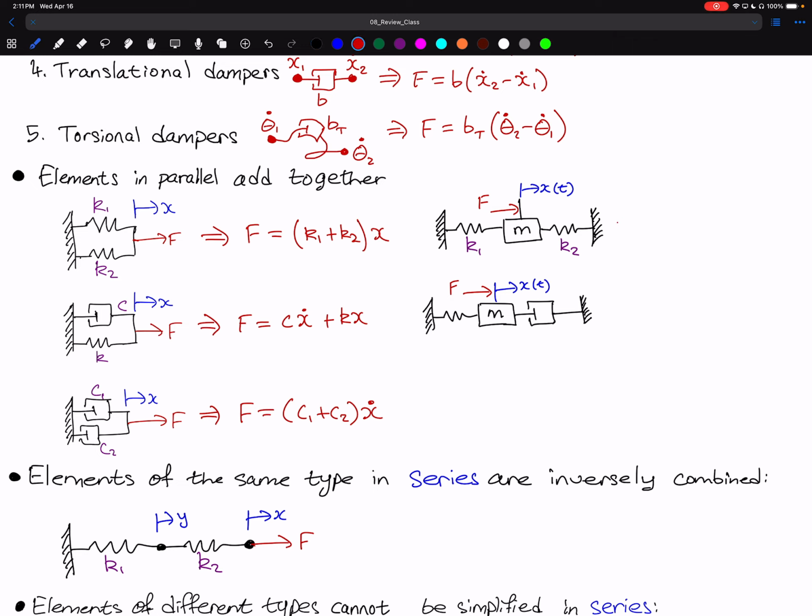All right, we're going to correct ourselves here. The force in this case is going to be equal to m times x double dot plus (k1 plus k2) x. So the point I wanted to make is that the elastic force is the same as what we had over here.